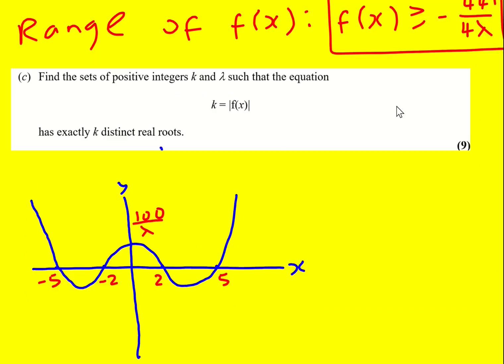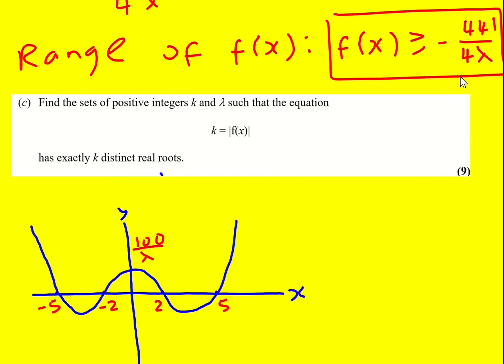So first of all, we had that it was minus 441 over 4 lambda. And the key thing is that this is going to be greater than 100 over lambda.